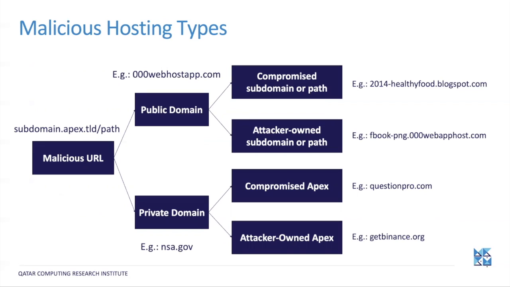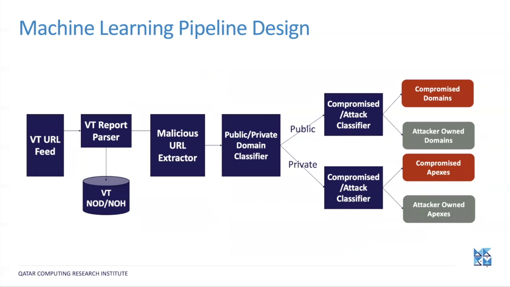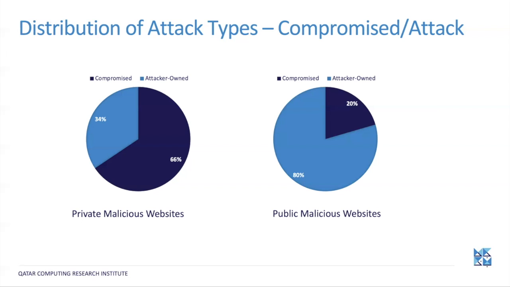And then for each of these types of domains, we identify compromised and attack-owned domains. This diagram shows the overall pipeline we follow to identify if a given malicious URL is one of the 4 types mentioned. Now, moving on to some high-level results from the longitudinal study.